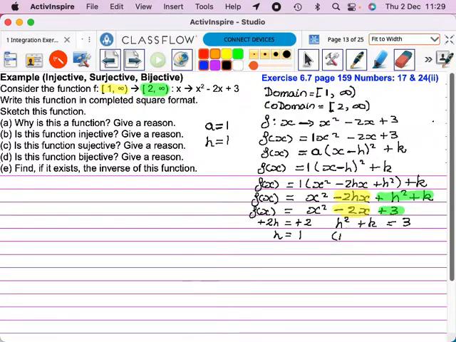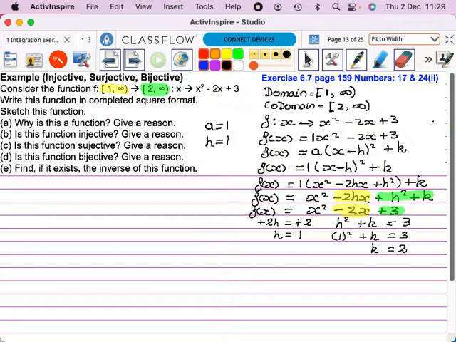Now we know h is 1, so we've got 1 squared plus k is equal to 3. So we've got 1 plus k is equal to 3, and therefore k clearly is equal to 2.